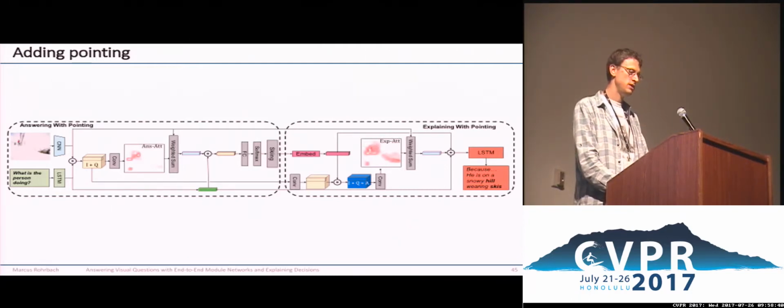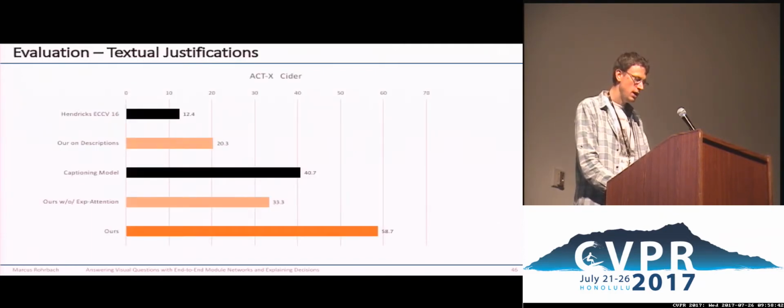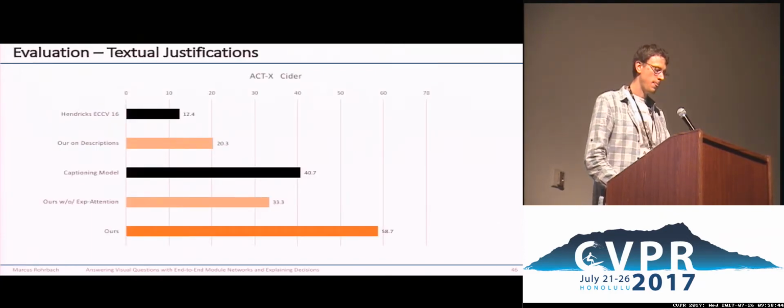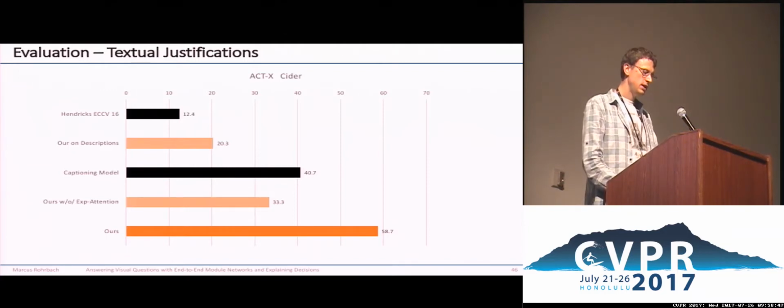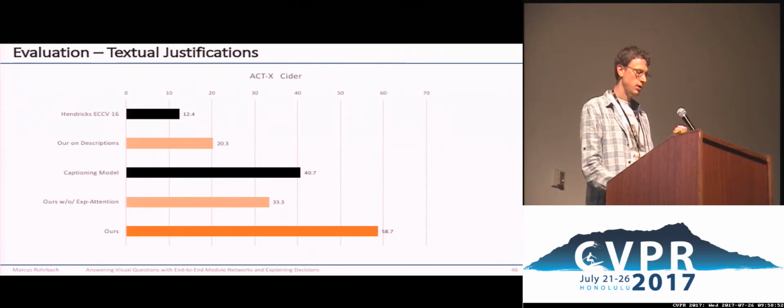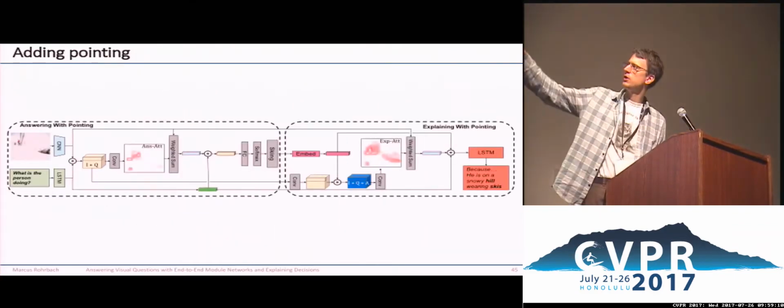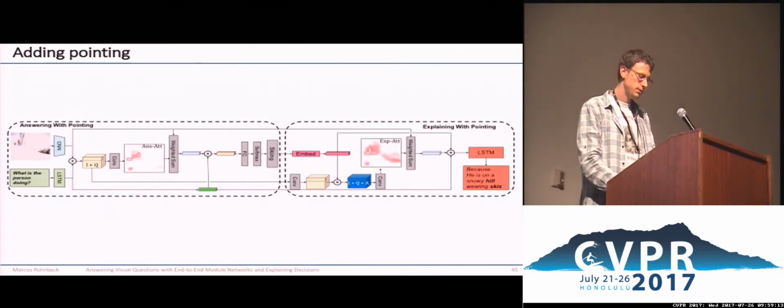First, we evaluated the textual justifications, and with automatic measures we see that our model improves over several baselines, including the one of Hendricks et al. for our previous explanation model, training our model on descriptions only, using a captioning model, or ours without explicit explanation attention, so just not using the second attention, just using the first one.